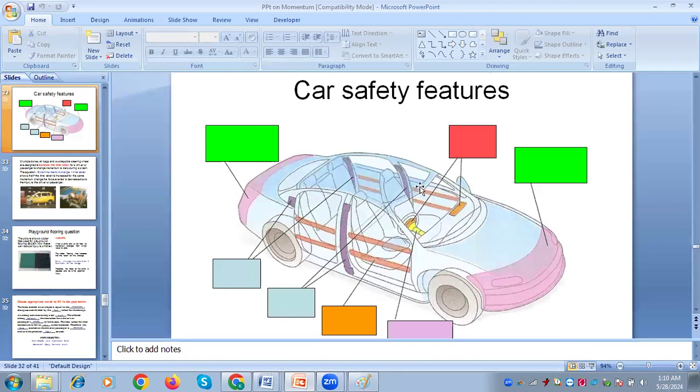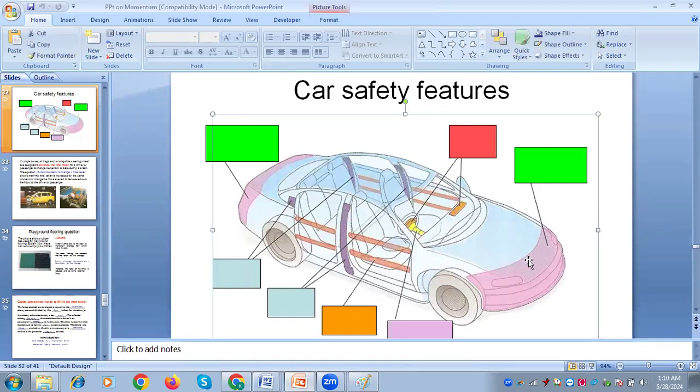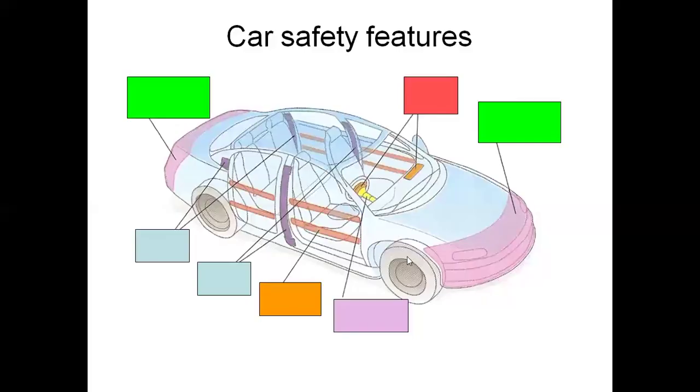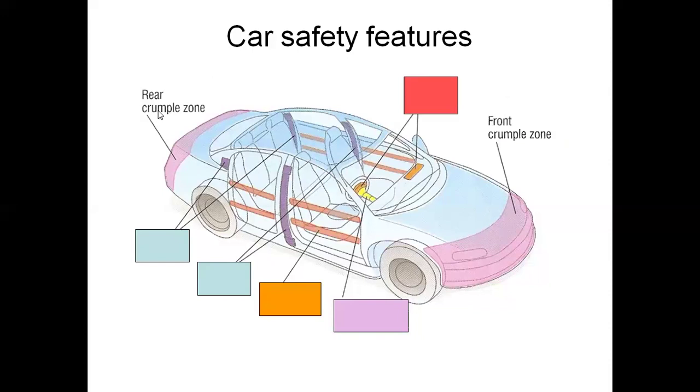Now the topic is car safety features. Rear crumple zone, that is the backward side, front crumple zone. What else is there?